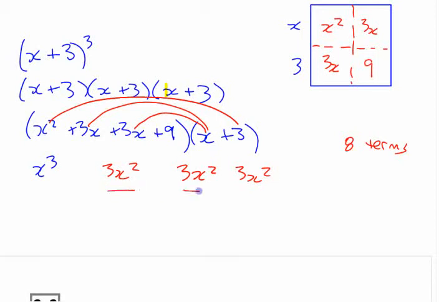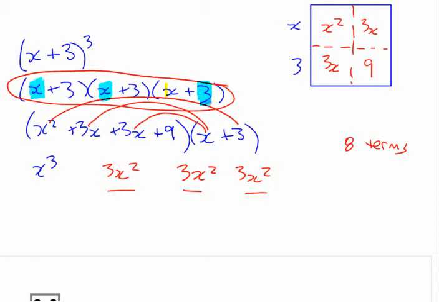There's 3 ways you can get a 3x squared out of these 3 brackets. You can take an x out of here, an x out of here, and the 3 out of there. Or you can change that around. You could take the x out of there, the 3 out of there, and the x out of there. Or the third way would be if I took the 3 out of there and then the 2 x's out of there. It's 3 times that this comes up because there's 3 ways I can pair those up to get 3 times x times x.